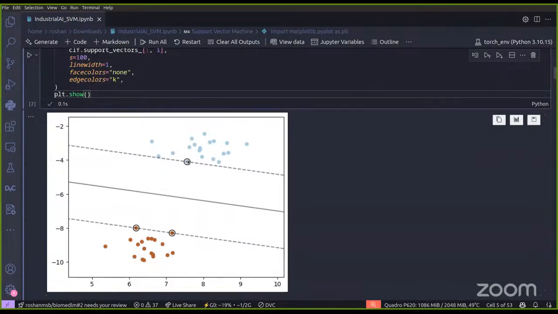Or can anyone tell me if they didn't understand yesterday's class? So first, what is this line called? This one?